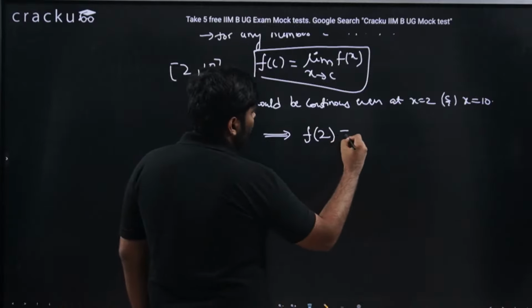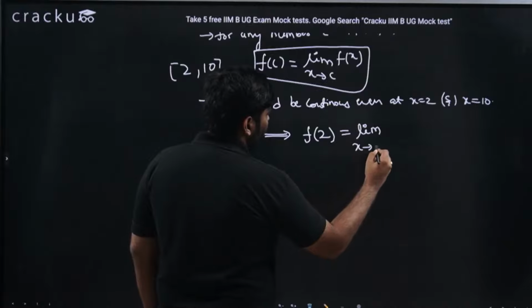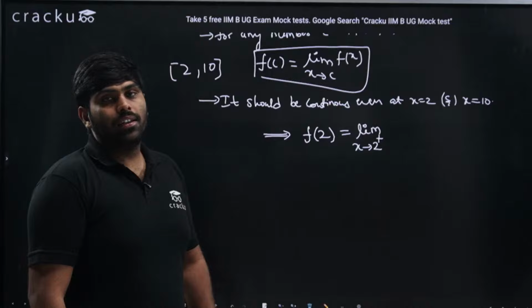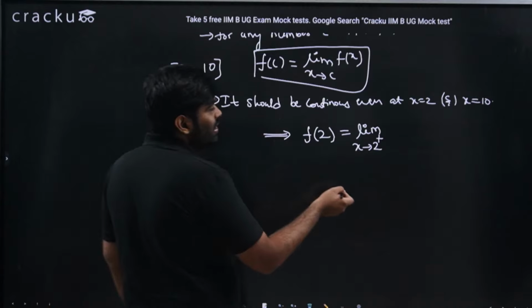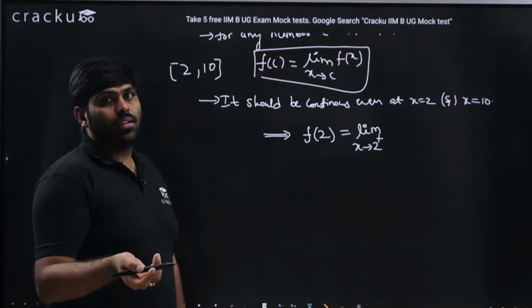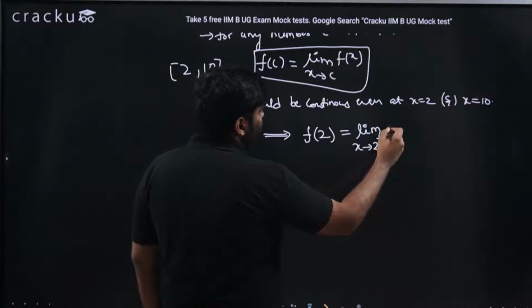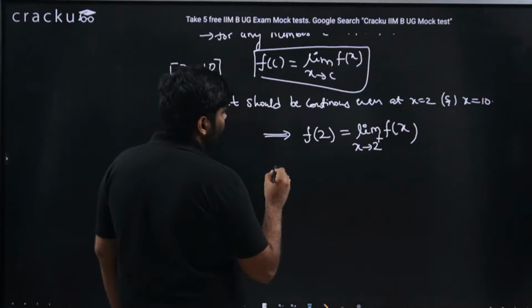This value should be equal to the limit as x tends to 2 plus, because though you cannot take 1.99, you can take 2.001. That is, the right hand limit does exist, because the left hand limit won't exist. It doesn't make sense to talk about the left hand at a starting point. So the limit as x tends to 2 plus of f of x, this right hand limit, should be equal to f of 2.